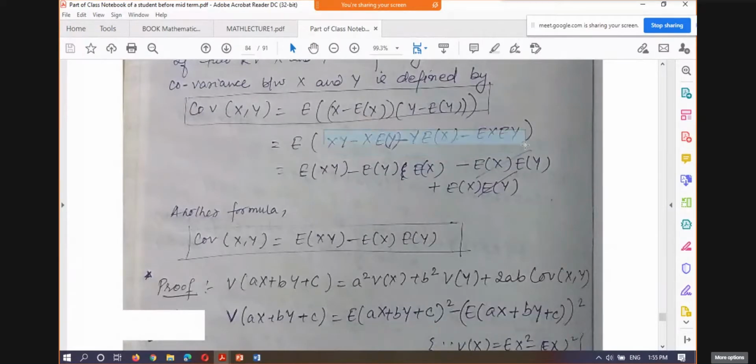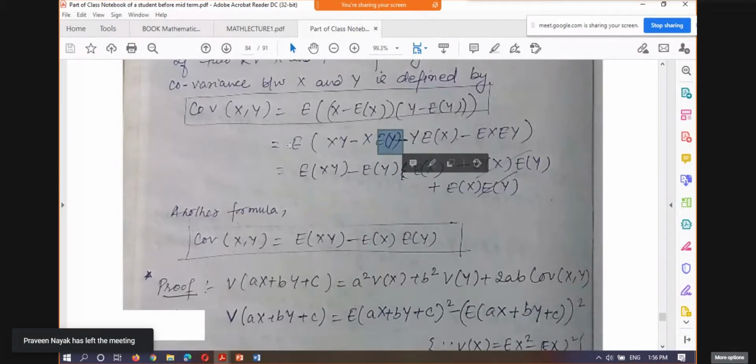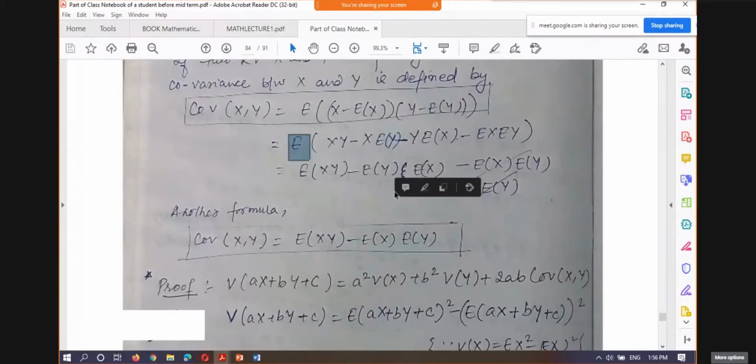So I will take the outside expectation to each and every term. So expectation of xy. Here, expectation of y is actually a constant because it's a mean already calculated, so x is the only variable. The outside expectation will go on x, and expectation of y is treated as a constant, so it will be outside of this E. So you get the second term, expectation of x into expectation of y. Similarly, in this term, expectation of x is constant, so it will be outside of this E, and this E will affect only y.